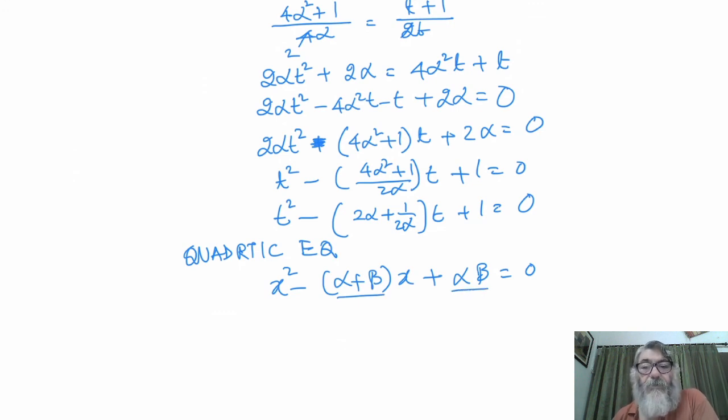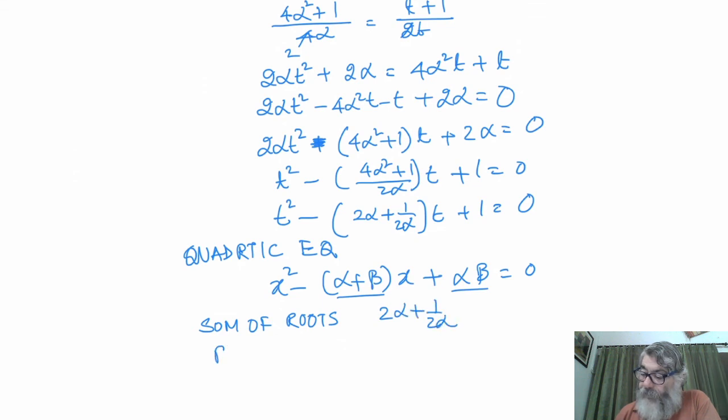What is the sum of roots? 2 alpha plus 1 upon 2 alpha. Product will be 2 alpha into 1 upon 2 alpha, which gives 1. So we are getting a quadratic equation.